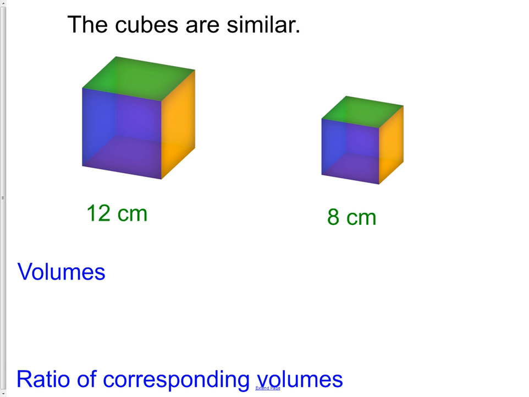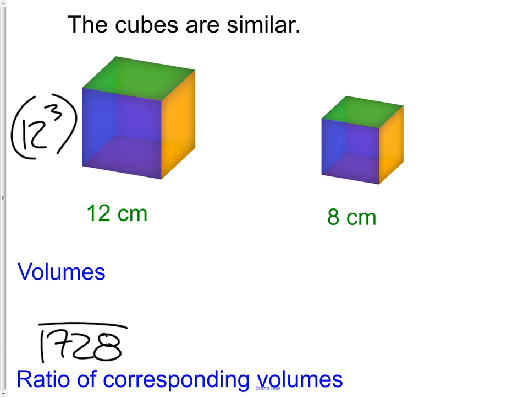Next we have the volumes. We do the volumes just like we always have, but the nice thing is, since the cube's dimensions are 12 by 12 by 12, we simply do 12 cubed. 12 cubed gives us 1728 for the volume of the large cube.